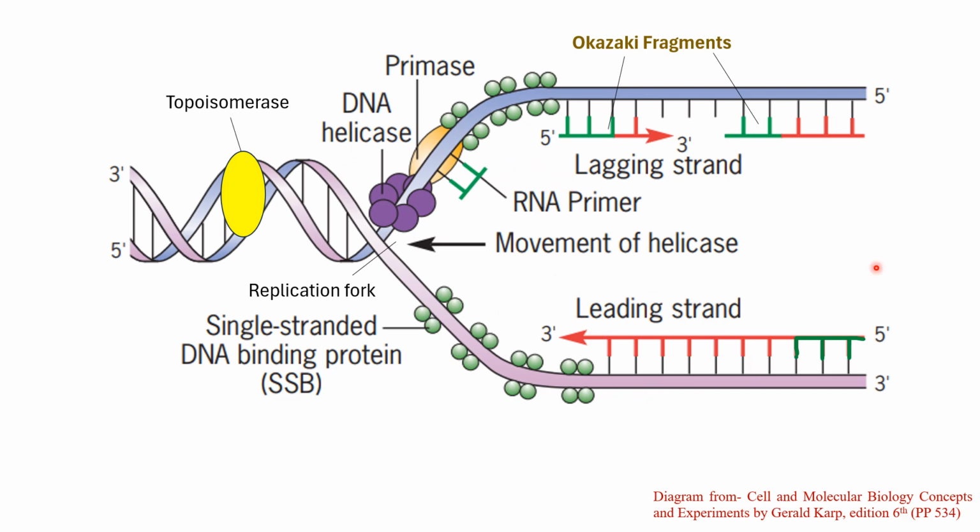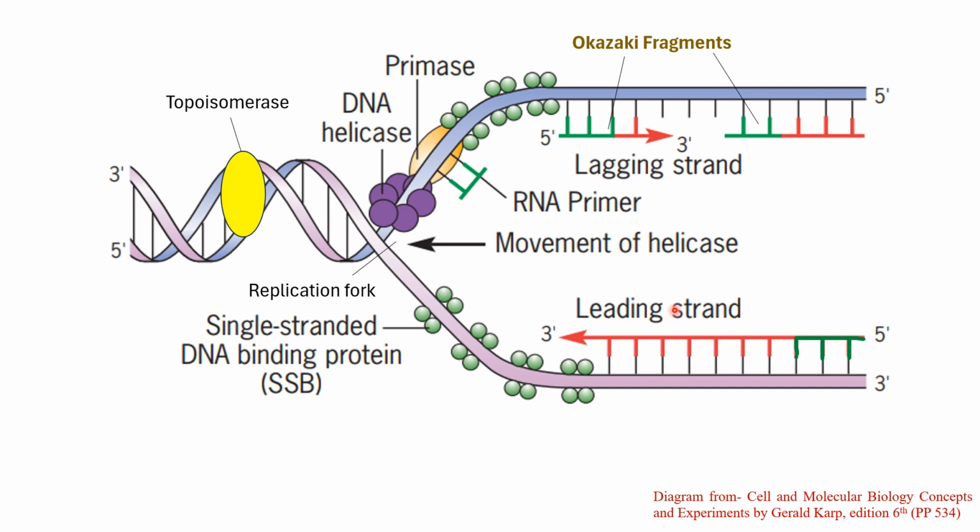Now we will discuss the elongation. Since the strands are anti-parallel, meaning the two strands have their 5' end and 3' end in opposite directions, but replication only occurs in the 5' to 3' direction.